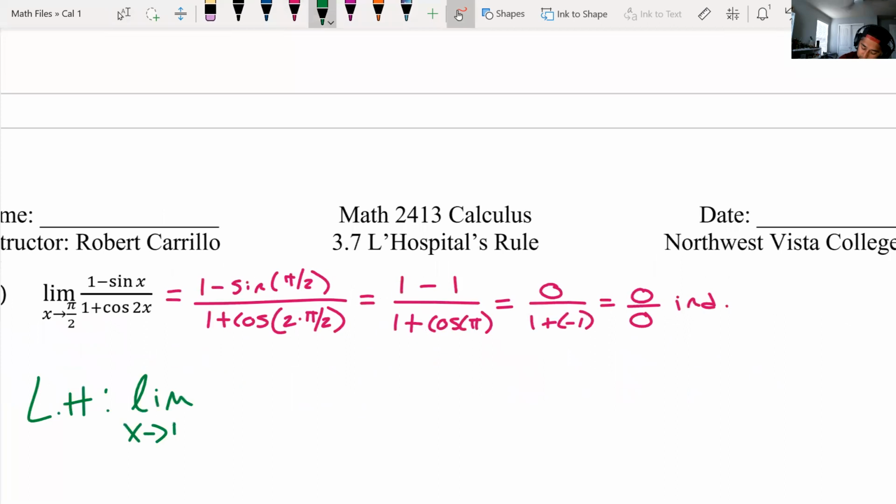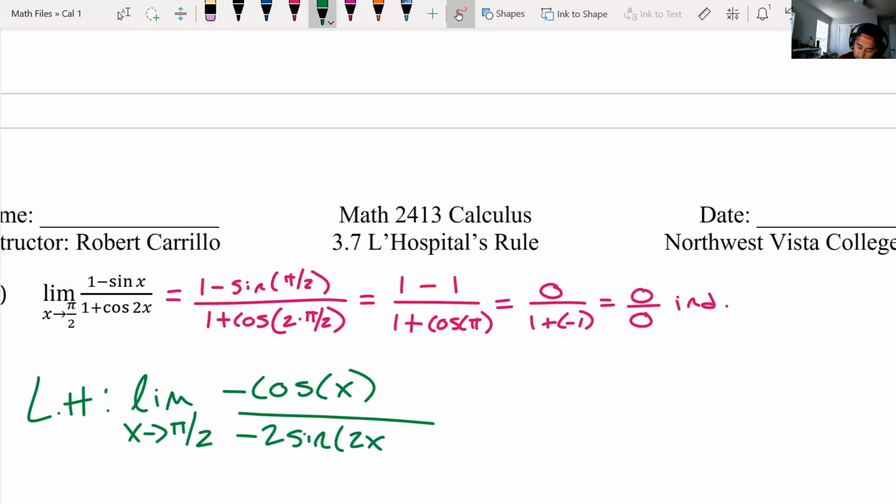Limit as x approaches pi over 2. And what's the derivative of your numerator? Negative cosine x. What's the derivative of your denominator? Negative 2 sine 2x.